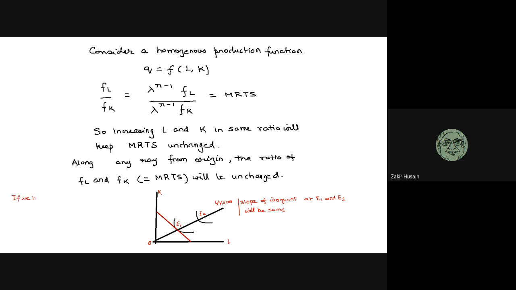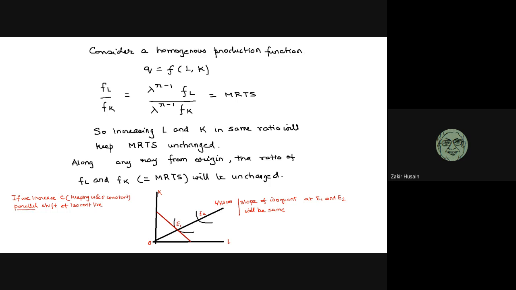So if we increase C, keeping W and R constant, there will be a parallel shift of the isocost line.